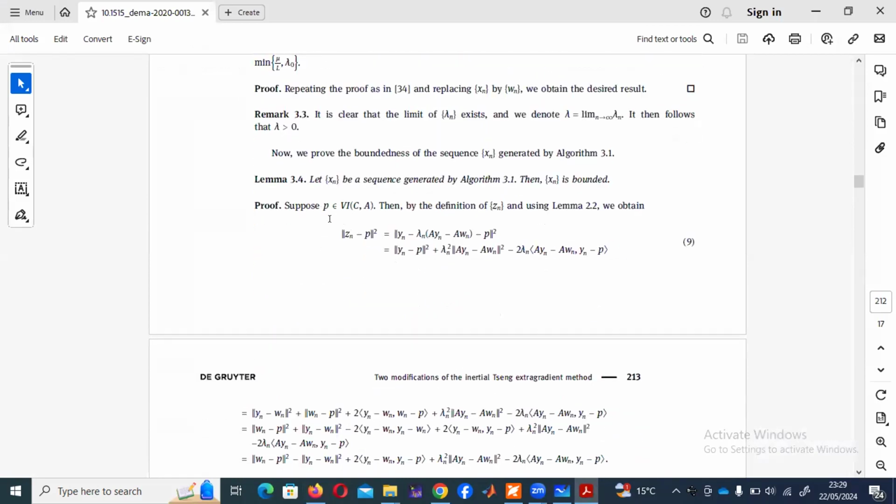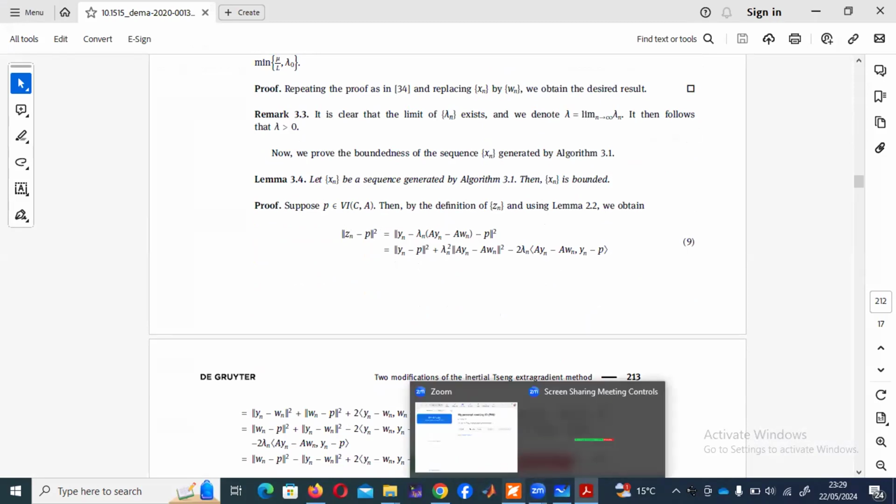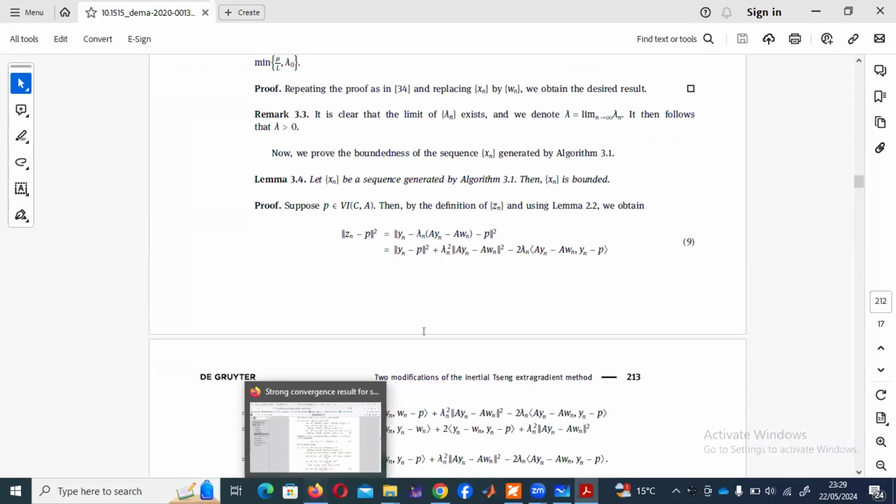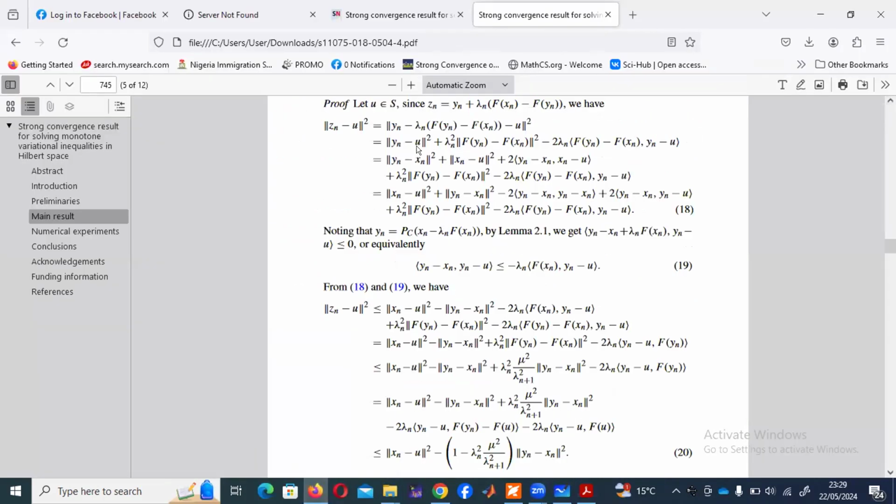Instead of u, they picked a point P. All right. So the same way, yn minus lambda n, the first thing that comes in this is yn minus p squared. So in that case, you must have yn minus u squared as well. Where is it here? Yeah, you see yn minus u squared.